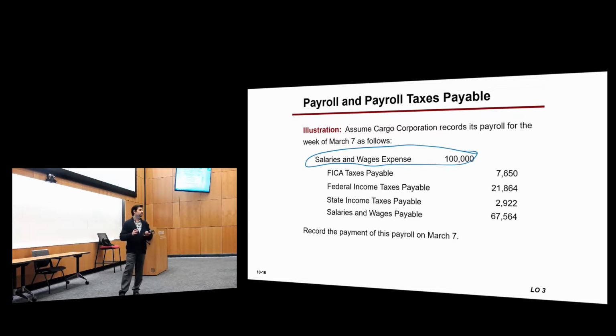This is how much the company will actually end up paying. You have salaries and wages expense of 100,000. What the employees will receive, the checks that the employees will receive, are salaries and wages payable. Those are the actual amounts that will be paid to the employees.